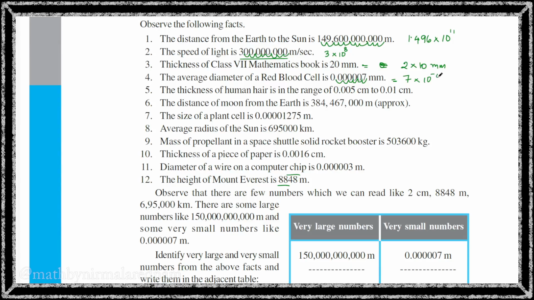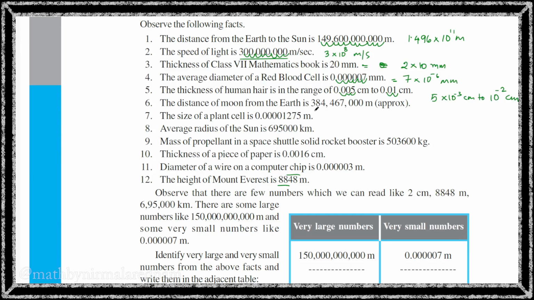So 10 power minus 6. Okay, write the units as well. This is millimeters. So 0.005 is nothing but 5 into 10 power minus 3, because if you look at it, 1, 2, 3 centimeters, 2. Now here it is 1 and 2. So 1 into 10 power minus 2, okay, centimeters.